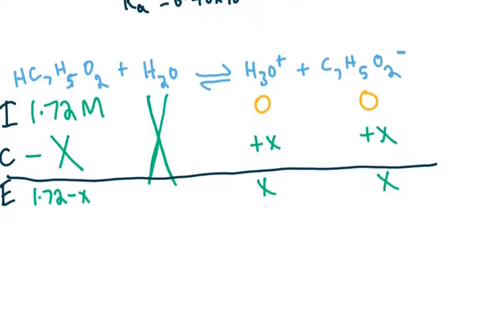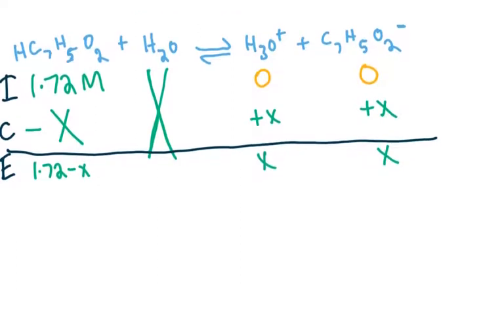Now, because we're working with an acid, benzoic acid, we have to set up a Ka, or acid dissociation constant, equation. So let's set that up. We said in our Ka acid dissociation video that we take the concentration of the products multiplied together.